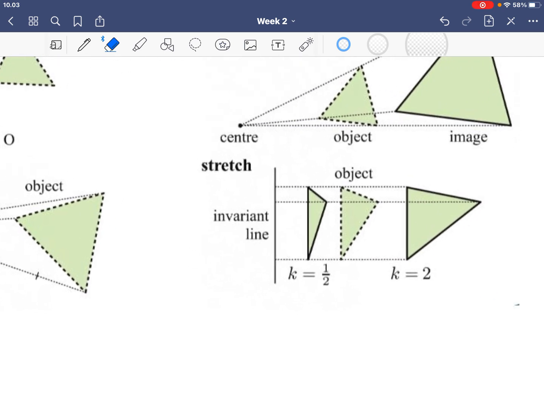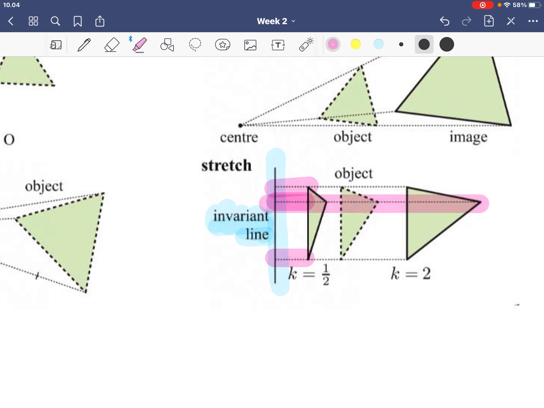And then, last but not least, stretching. I think we have talked about this last year, invariant line. So we have this wall, right? So this is steady, it doesn't move. And then we're going to stretch it out. Think of it like you have the strings here. We're stretching it out.